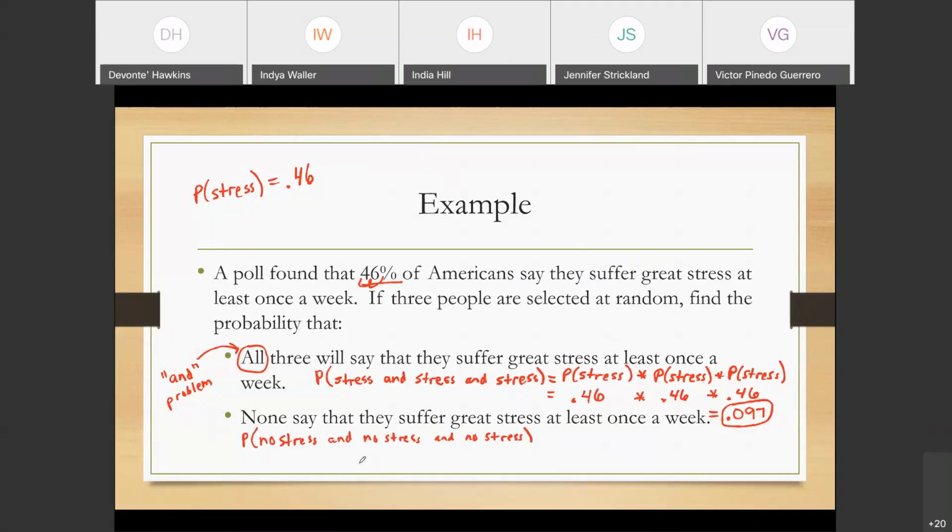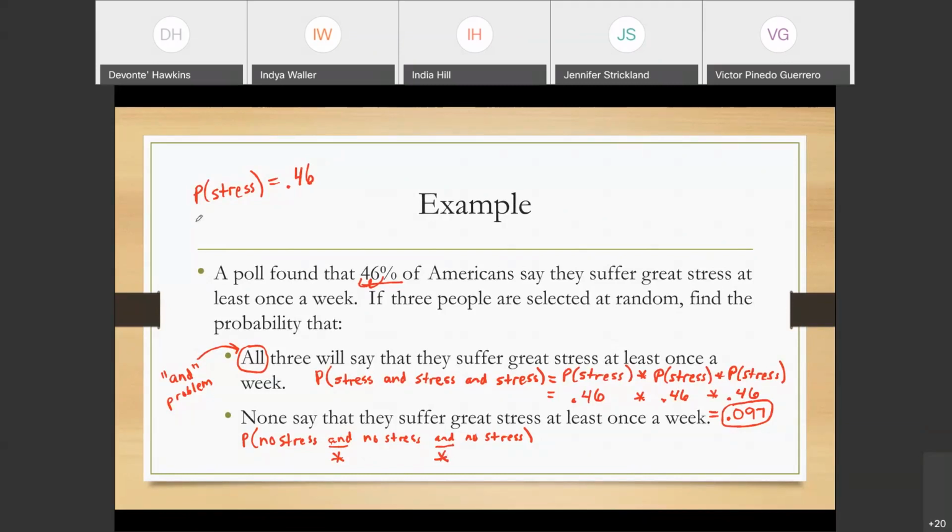All right, so I'm going to shortcut just a little bit here. I know that these ands are going to go to multiplications. Now I need to figure out how many people say that they're not stressed. I know that 46% say that they are stressed.